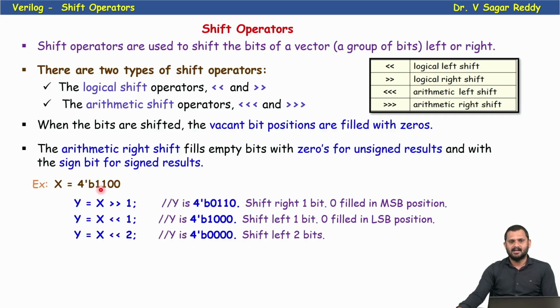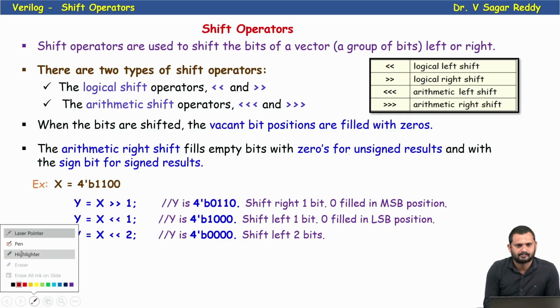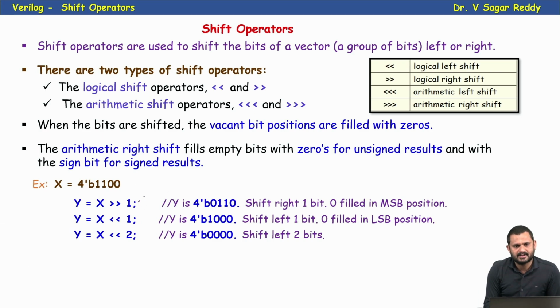So the 1100 is shifted right by 1 bit, and we can write 110. This empty bit is filled with 0 only, so the result is 0110. We are ignoring the shifted-out bit. The empty position is filled with zeros.